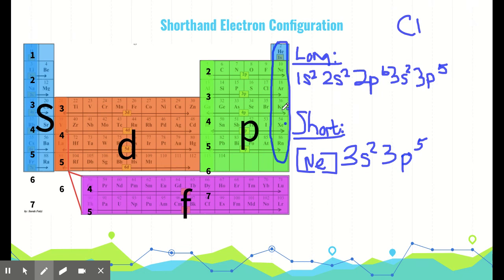So you can see how this would be useful when you come all the way down into these lower sections where maybe you don't want to write out 57 different electron configurations. So if we did iodine, the shorthand version for iodine, we would go over here to the end and up one. So this is krypton, so I would start with krypton. So Kr, put that in brackets, and then I just start from here.